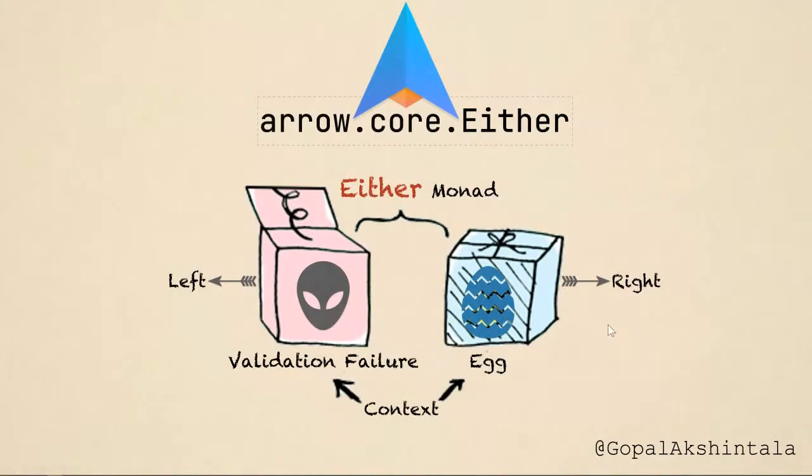You can call them the left and right state, and you can represent these states in any way, but predominantly left is generally used for representing errors and right is used for representing valid values. We'll be using the same today. Imagine a particular object is in the right state, so it is being processed. We'll go into more detail in the subsequent slides.